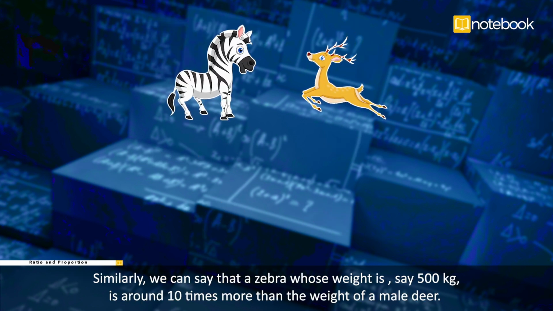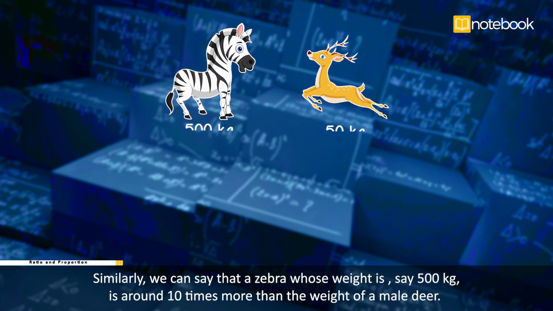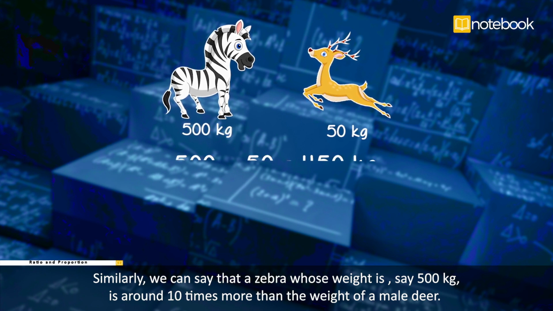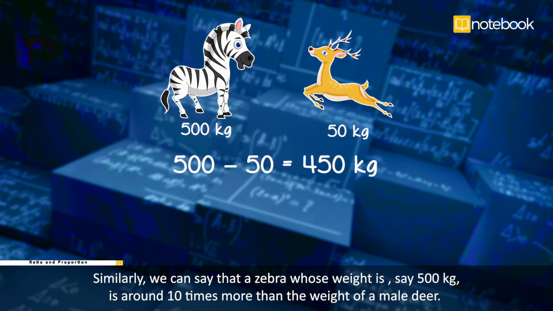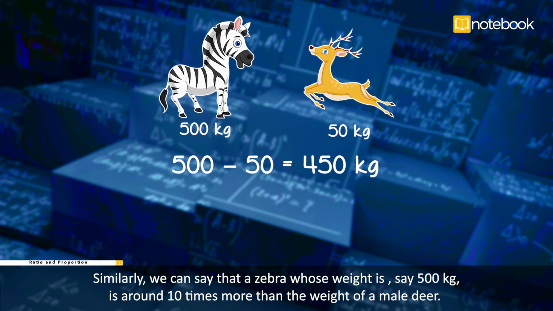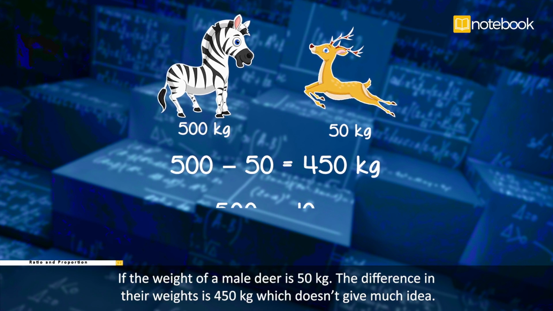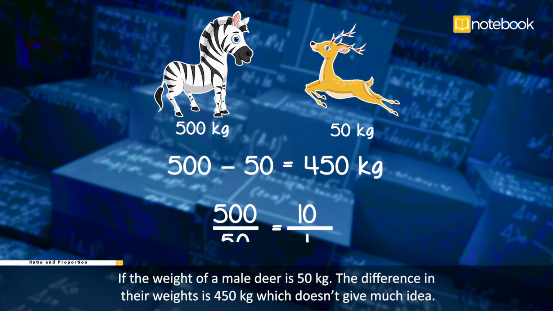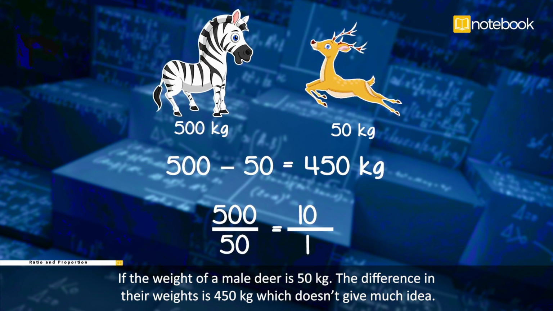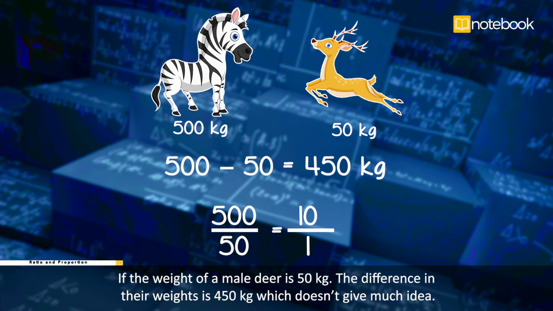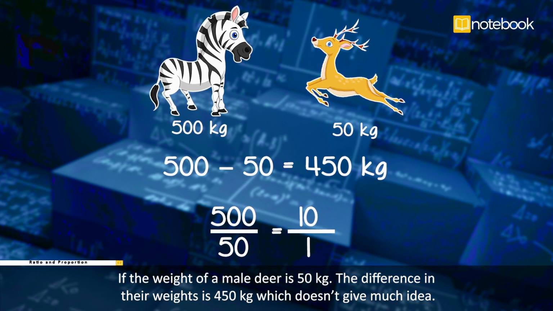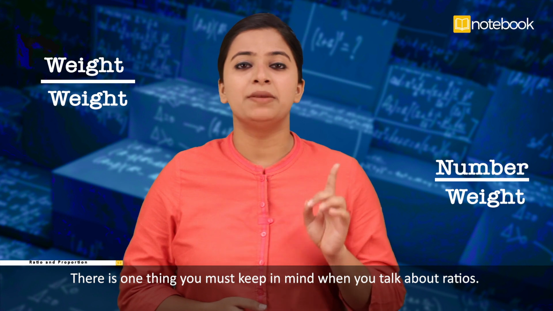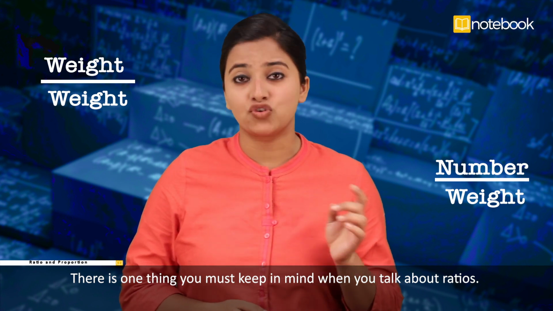Similarly, we can say that a zebra whose weight is, say, 500 kgs is around 10 times the weight of a male deer. If the weight of a male deer is 50 kgs, the difference in their weights is 450 kgs, which doesn't give much idea.